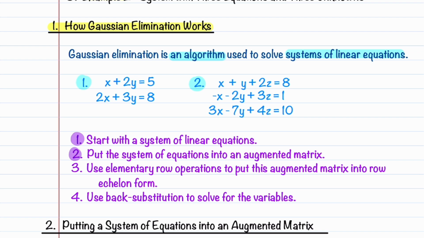You then put the system into an augmented matrix. I'll tell you exactly what that is in a minute. Then you're going to use elementary row operations to put the augmented matrix into a matrix in row echelon form. We'll talk about both of those concepts also. Then the last step is you use what's called back-substitution to solve for the variables.